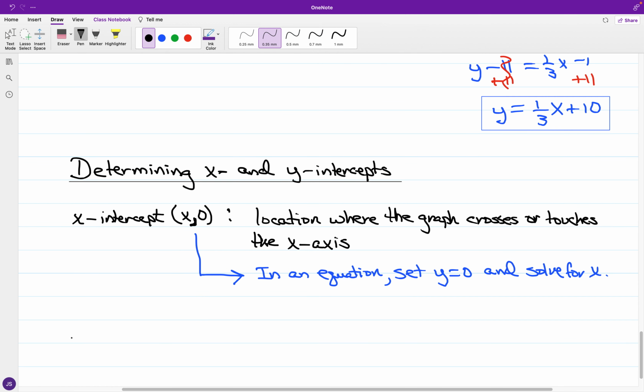Now, in the case of the y-intercepts, there'll be just a slight inversion of the terminology.